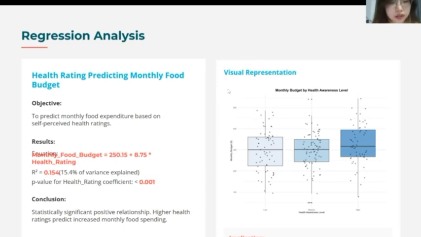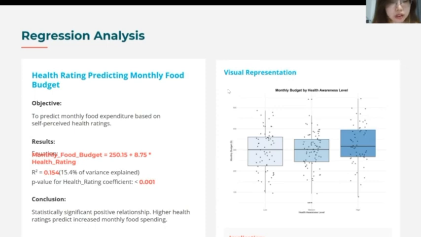The R-squared of 0.154 shows that 15.4% of budget variance is explained by health rating, with a p-value less than 0.001 for the coefficient. A statistically significant positive relationship exists.